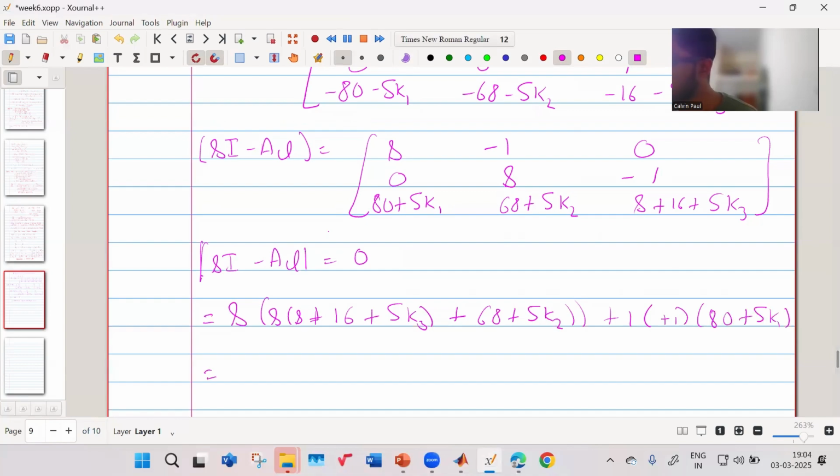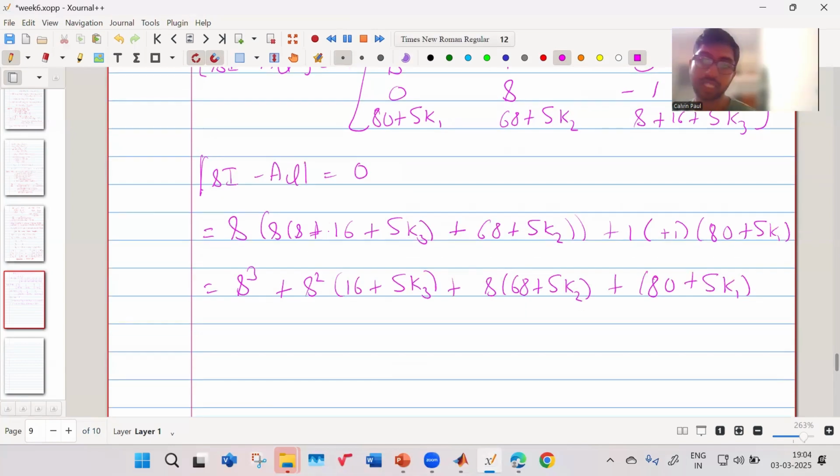So this becomes s cube plus s square into 16 plus 5k3, plus s into 68 plus 5k2, plus 80 plus 5k1. Any doubts still here?